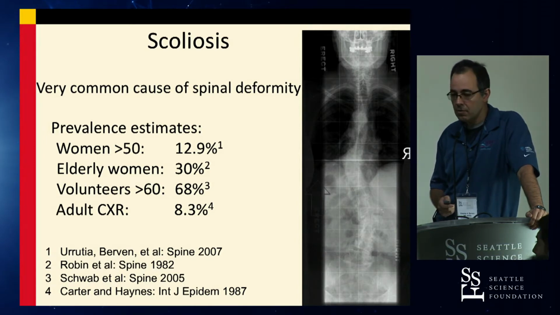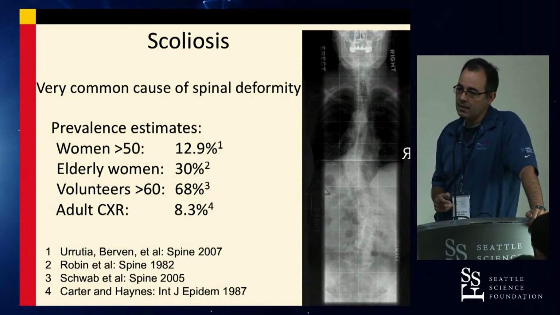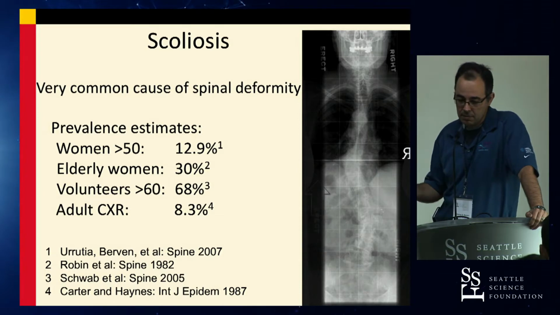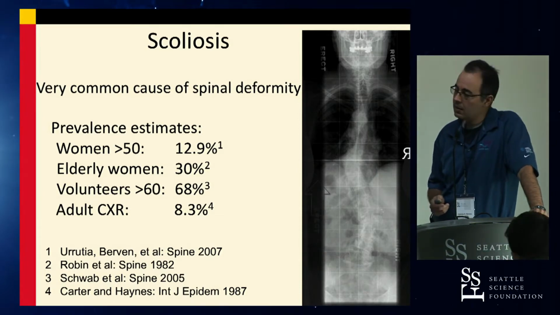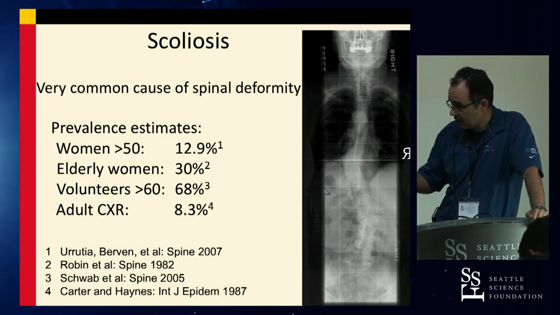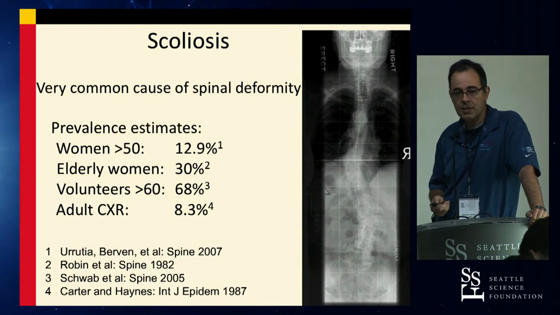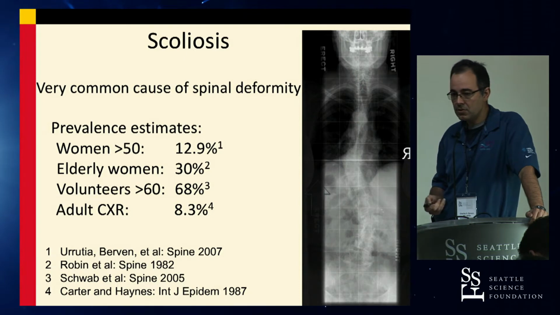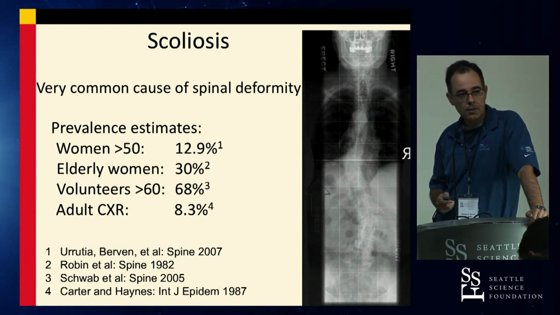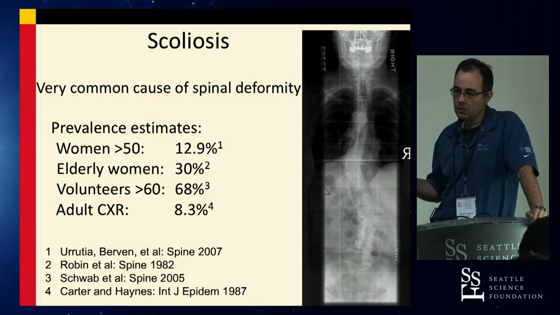If you pay attention and order some x-rays, aside from the MRI that the primary care physician sometimes orders in advance without x-rays, you'll see that on routine x-rays up to 68% of volunteers over the age of 60 have scoliosis. So, very important, just as a tip, to search for it, because deformity is there if you look hard.